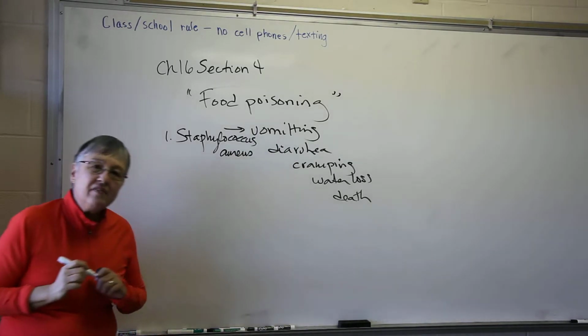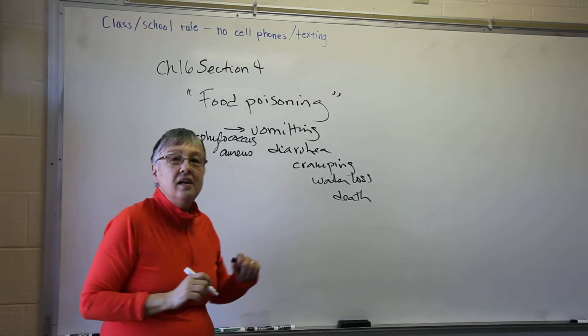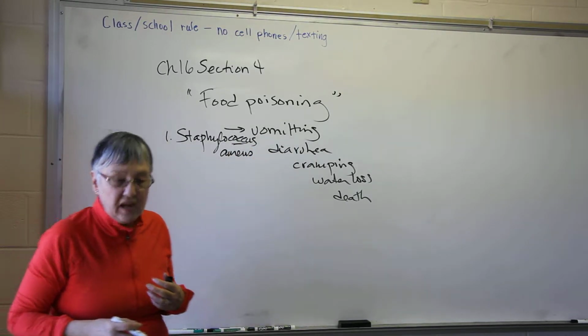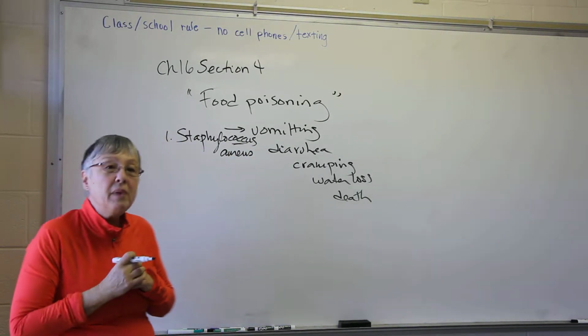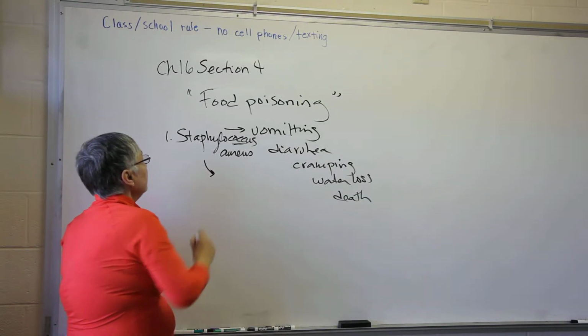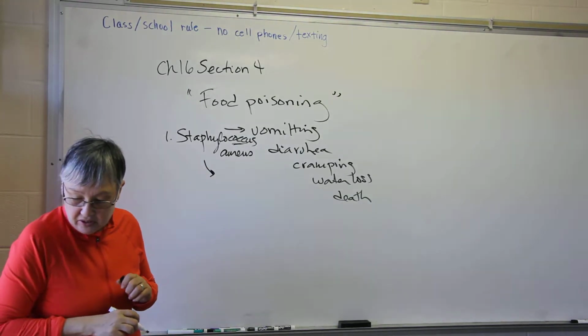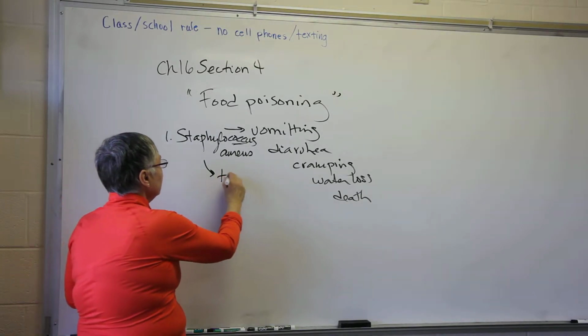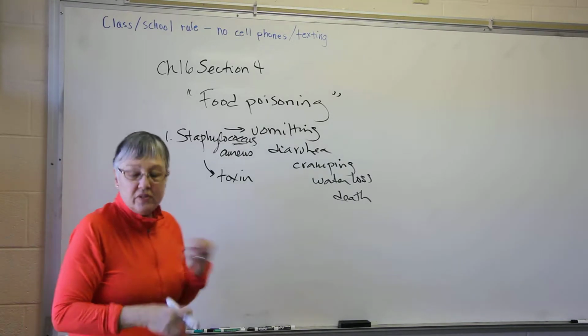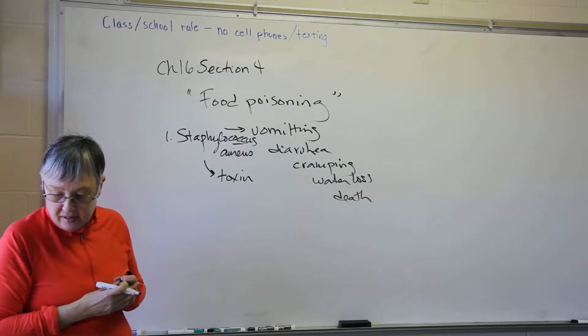It is called Staphylococcus aureus, and remember the term coccus refers to the fact that these are spherical bacteria. This is a bacteria that does produce a toxin and can cause severe vomiting and diarrhea.